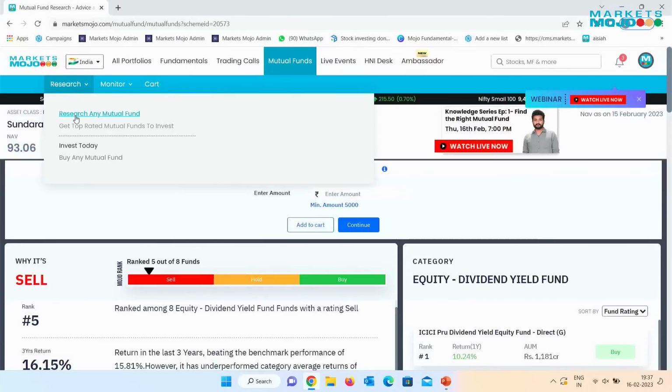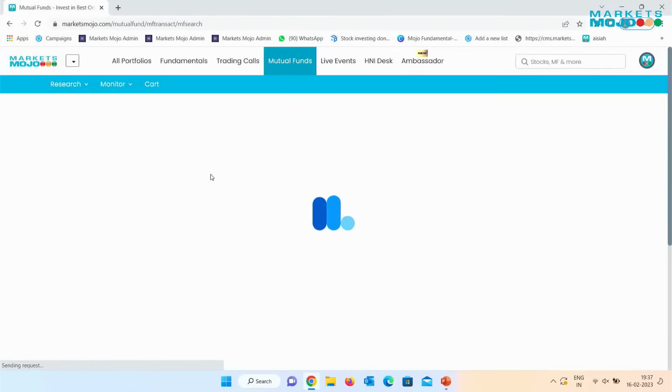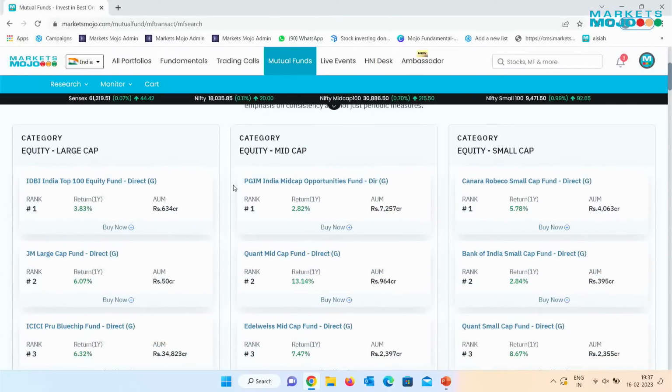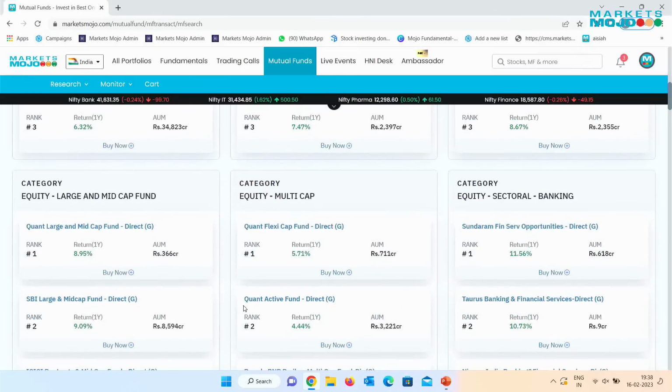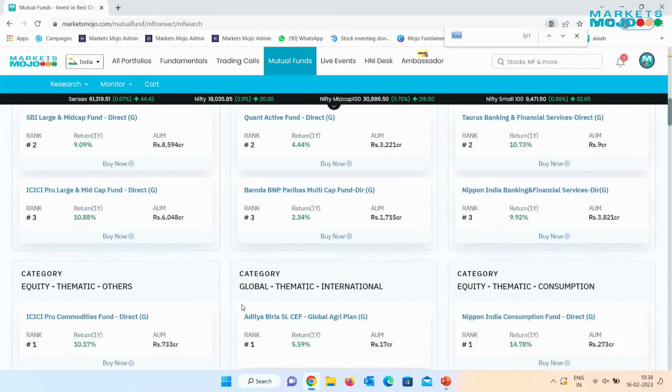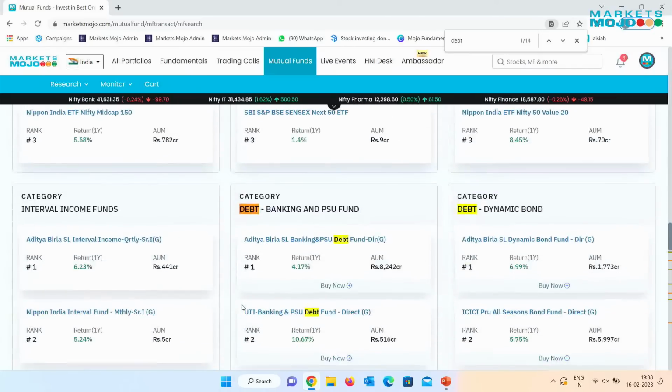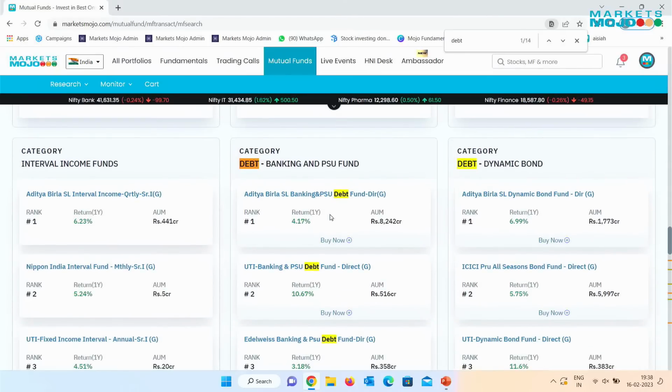So as I'm on the website over here and I go to research any mutual funds, now the best part about this particular screen is that you have different categories in boxes here below. So if I simply search debt, okay, I start coming to debt mutual funds. So you can see debt, banking and PSU fund. What this particular mutual fund does is that it invests in debt of different banks and public sector units.